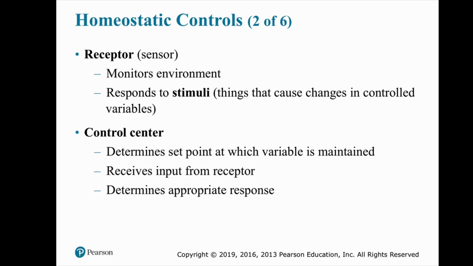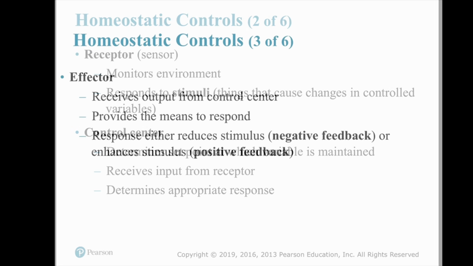The receptor is a sensor that is sensitive to a particular environmental change or stimulus. The control center, also known as the integration center, will receive and process the information supplied by the receptor and will determine an appropriate response.